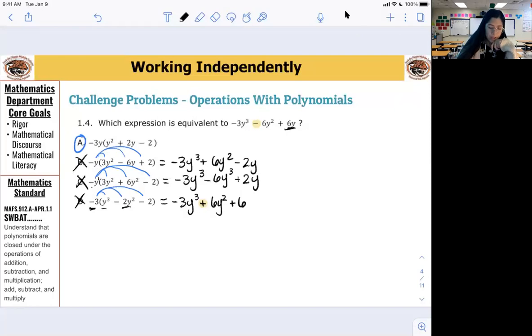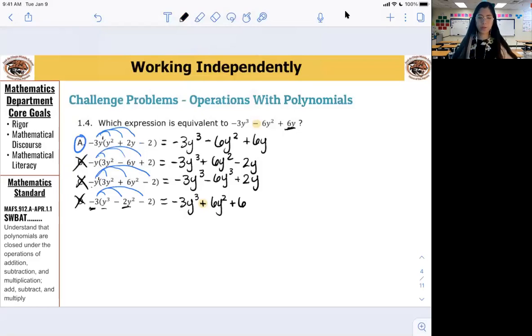Let's go ahead and do that one, just so we can show why it's right. I get -3y to the power of 3 minus 6y to the power of 2 plus 6y. So that one matches. So answer choice A was correct.